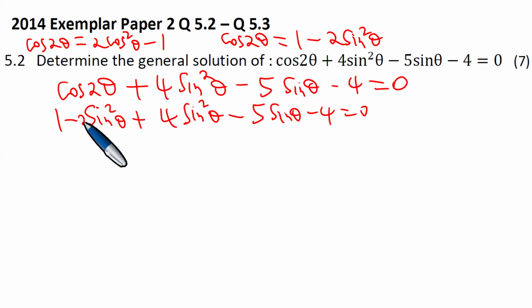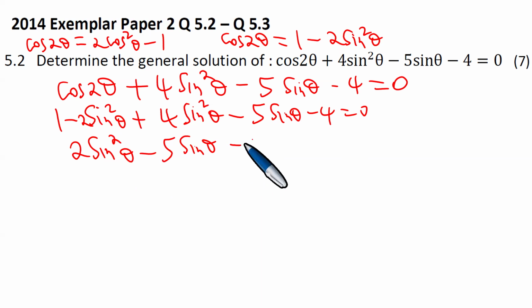Adding like terms means that we have minus 2 sine squared plus 4 sine squared, and this gives us exactly 2 sine squared theta. And then we have minus 5 sine theta. 1 minus 4 becomes minus 3, equals 0.